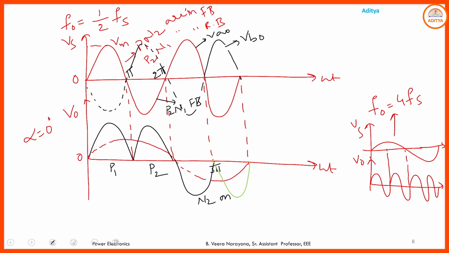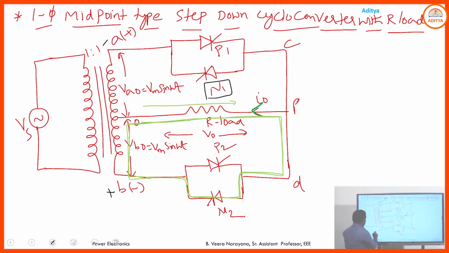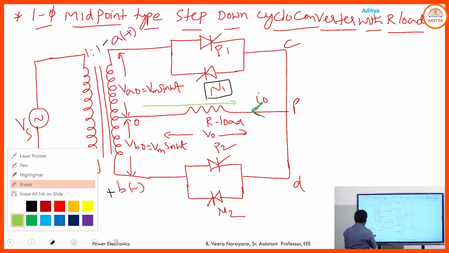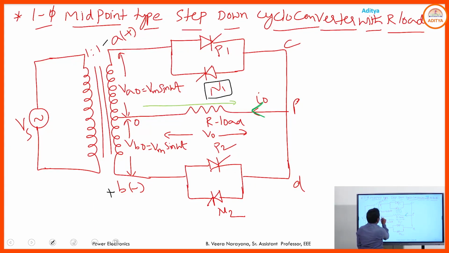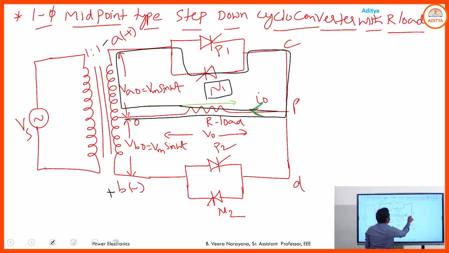If N1 is in the on state, the current flows through R, N1 and so on, like this. So whether N1 or N2 is in the on state, the current flows from O to P.